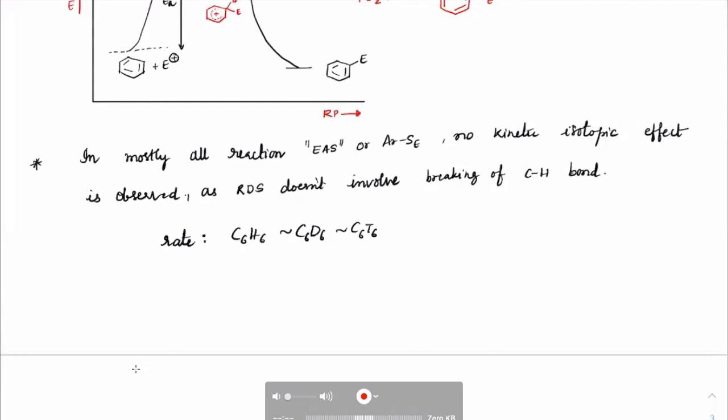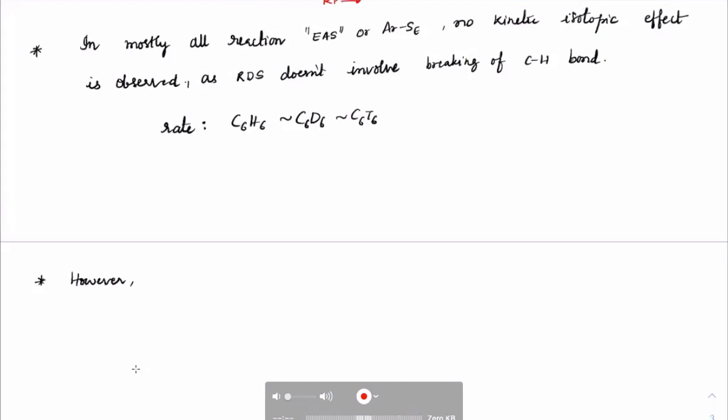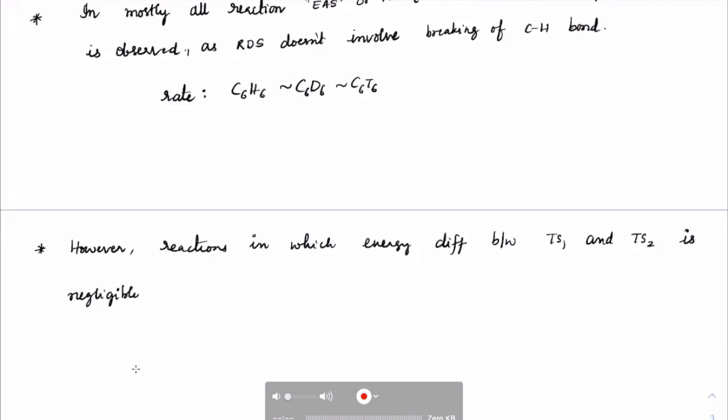In most of the reactions, however, keep writing with me, reactions in which the energy difference between transition state 1 and transition state 2 is negligible, then kinetic isotopic effect is observed.